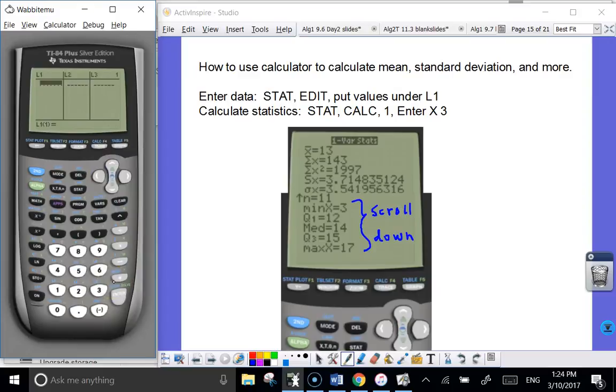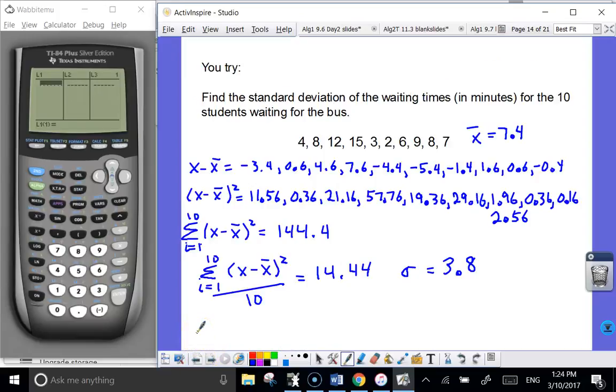Okay, and now you're going to enter in your data values. Let me go back to there. So 4, 8, 12, 15, 3, 2, 6, 9, 8, 7.